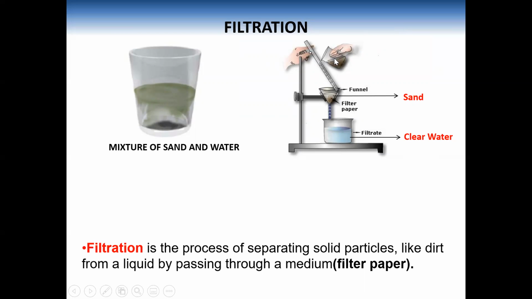When we add a mixture of sand and water into this funnel, all the liquid will pass through the filter paper, whereas sand particles will not be able to pass through and get collected in the filter paper cone. So by filtration, we can easily separate sand from water.